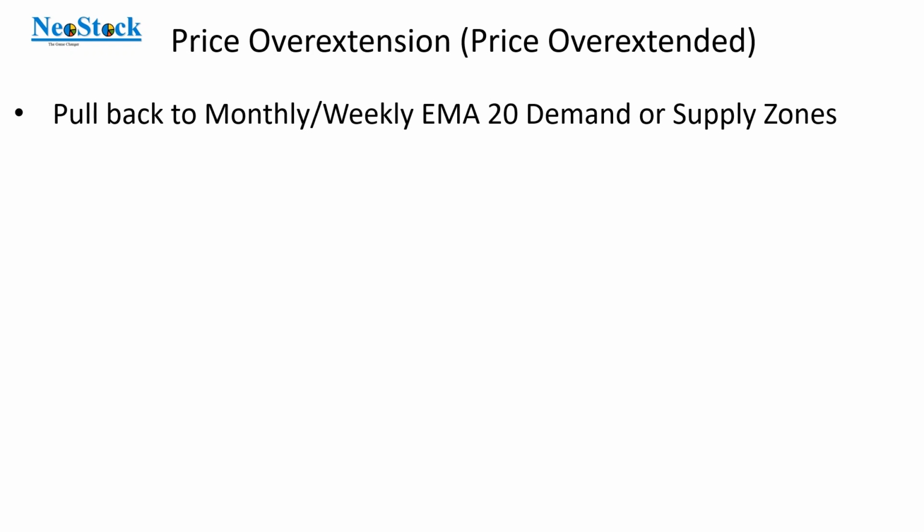It will complete once prices reach the monthly EMA 20 on the monthly chart or weekly EMA 20 on the weekly chart. When will overextension be completed? When there is a pullback to monthly or weekly EMA 20 demand or supply zones, depending on bullish or bearish overextended.